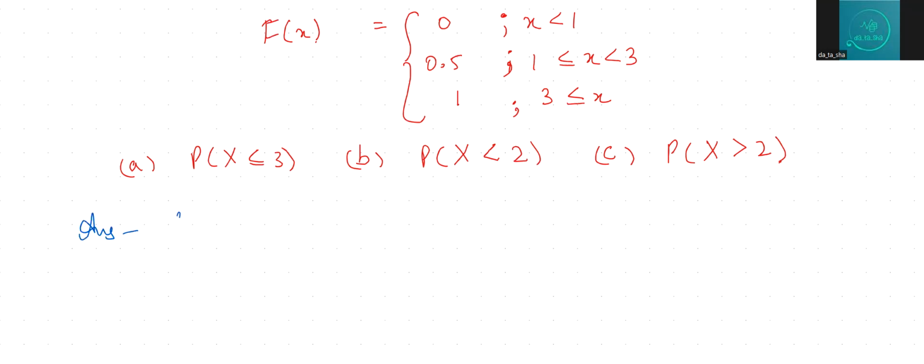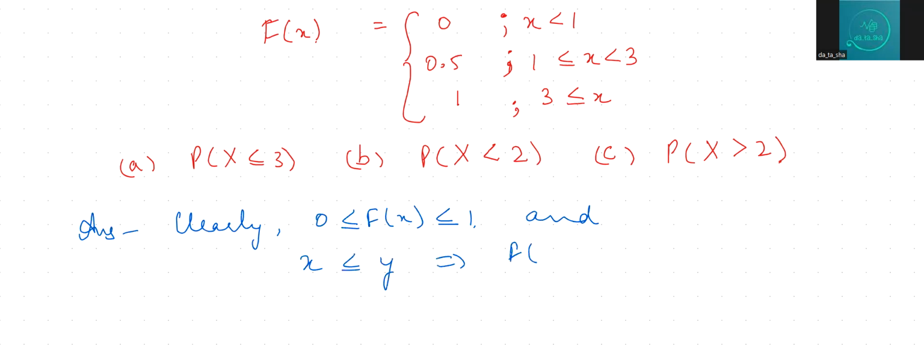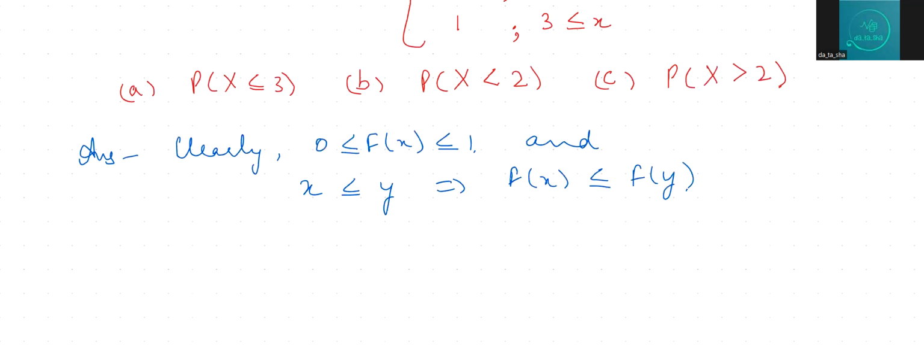Clearly, F of x lies between 0 and 1, and both the properties are satisfied. The reason is that F of x is P of X less than or equal to x, which is just the summation of the probabilities.